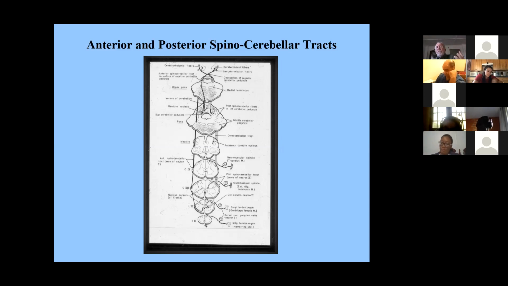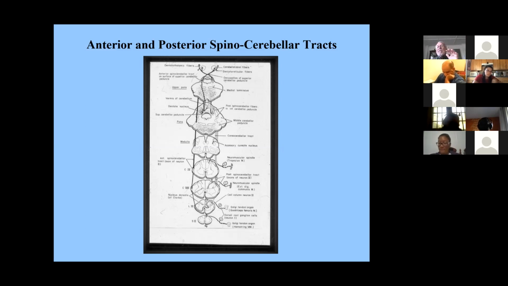So these viscerosensory fibers and the few somatosensory fibers that come in and synapse in the nucleus of Clark in lamina 6 are giving information that has a lot more to do with proprioception, or proprioceptive kinesthetic feedback.